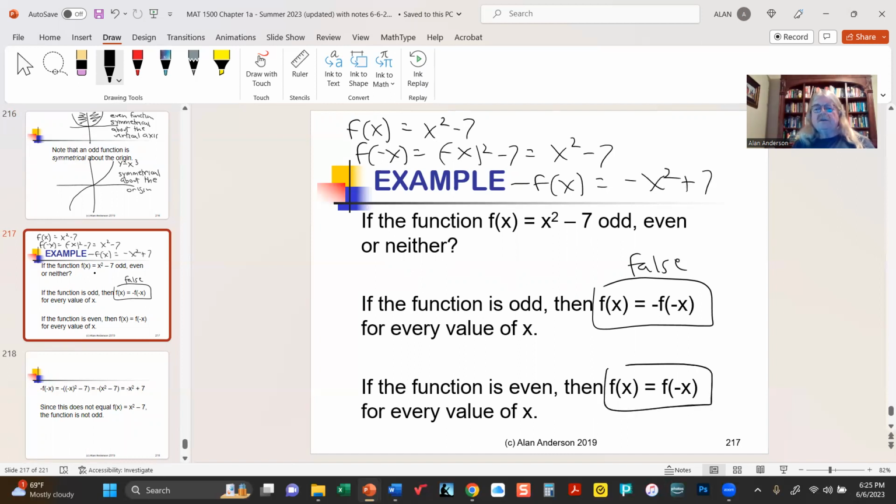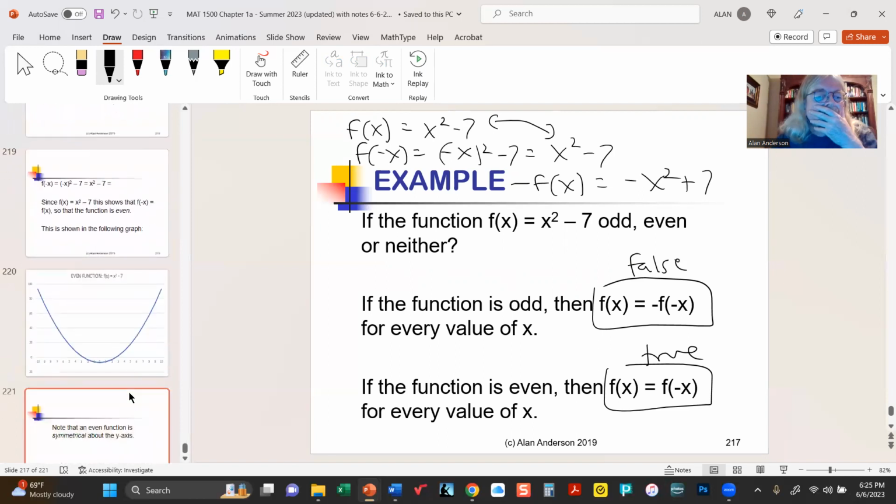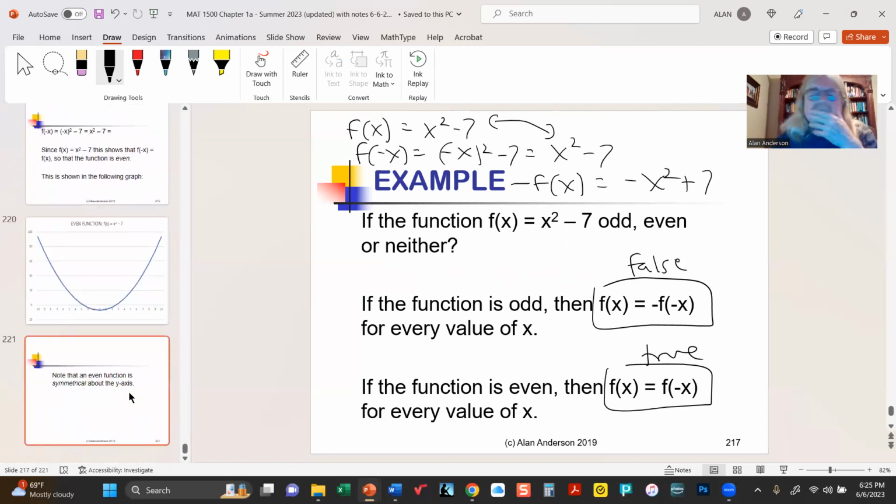But this one is true, because these are equal to each other. So what we're able to do here is prove that this one is even.